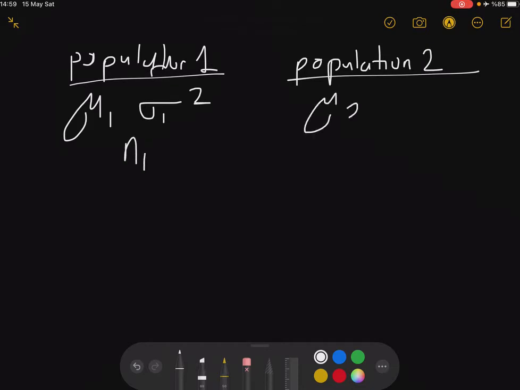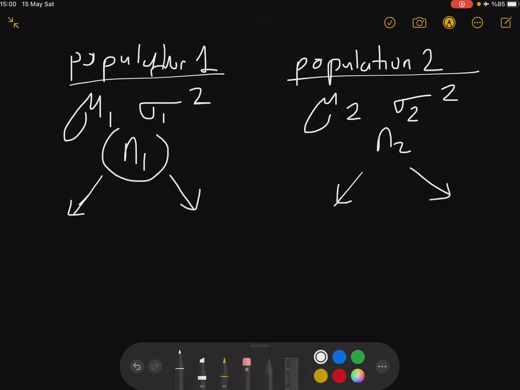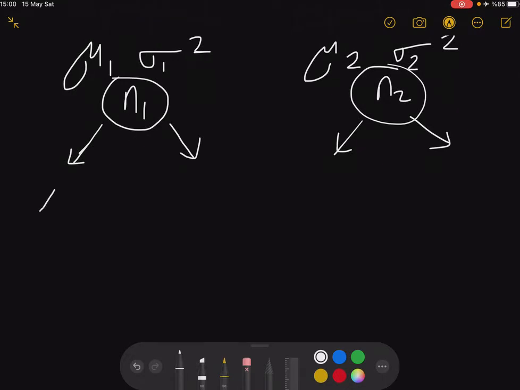Population 2 has its own parameters as well. Then you take samples from this population, N1 samples from population 1 and N2 samples from population 2, resulting in some estimators for those population variables, as we discussed before in our previous sessions.